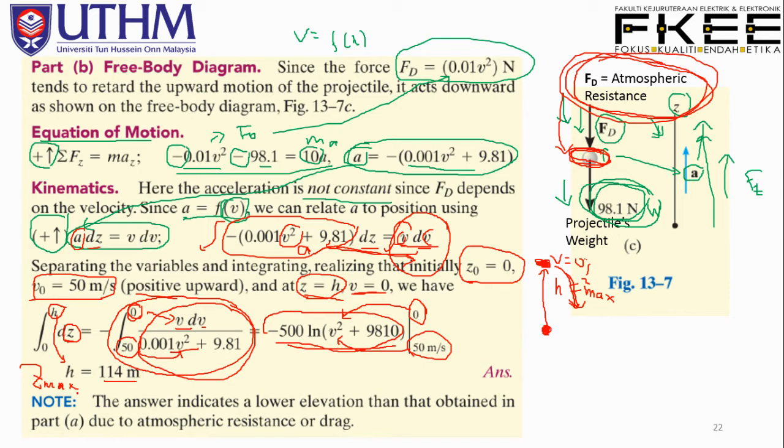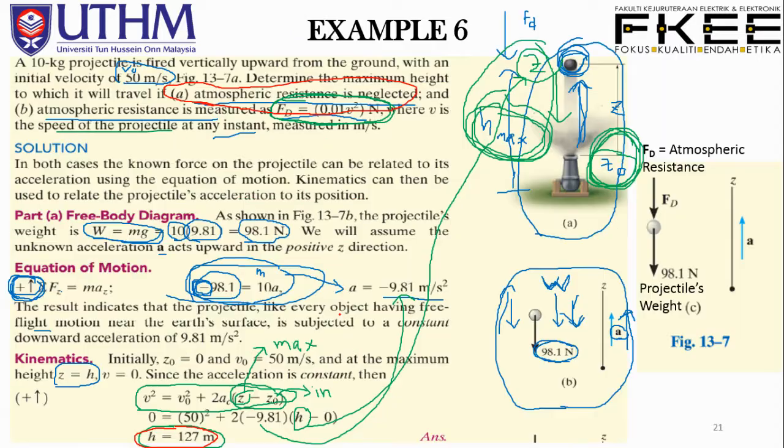So this gives us a lower value of h, which is 114. What this indicates is a lower elevation than that obtained in part A due to atmospheric resistance or drag. So due to the atmospheric resistance, the ball rises lower than the previous analysis, which is 187 meters.